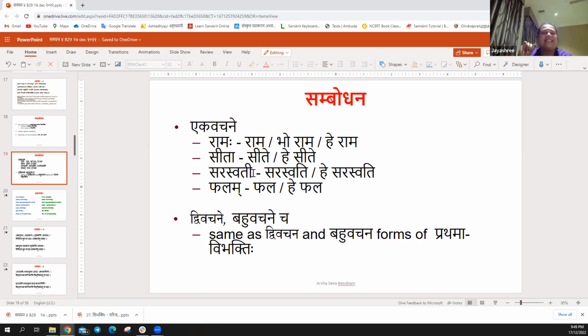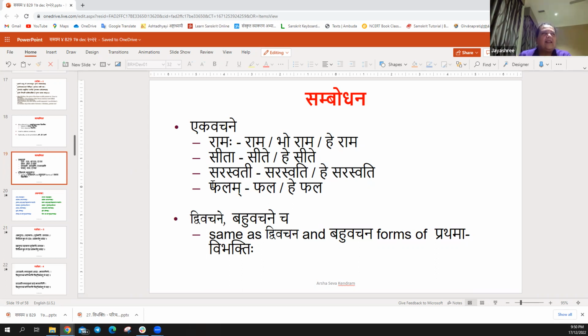Strilinga always comes as E, or most of the time. There might be some exceptions. So for Sambodhana, we call Saraswati. Mine will be Jayashri. And Phalam, Phala.